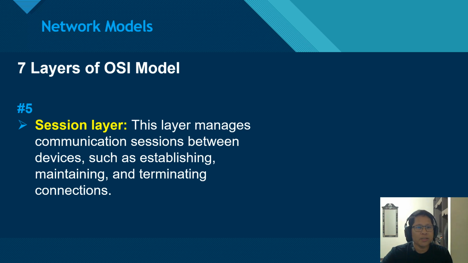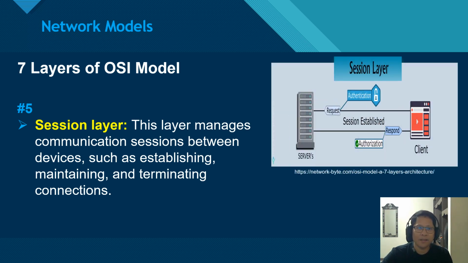Now let's proceed with the fifth layer, which is the session layer. This layer manages communication sessions between devices, such as establishing, maintaining, and terminating connections. It also provides synchronization and checkpointing services.